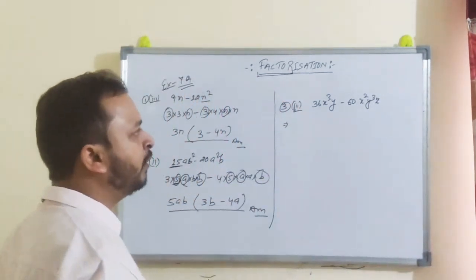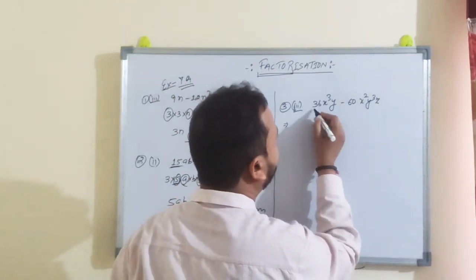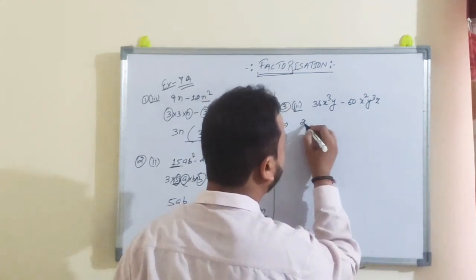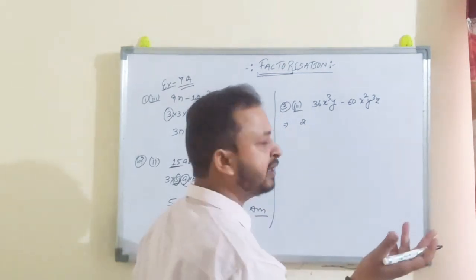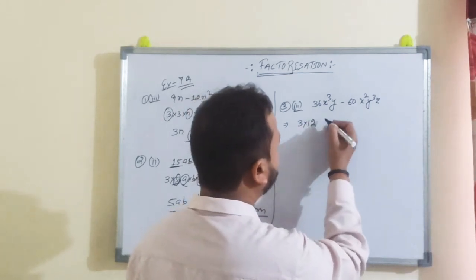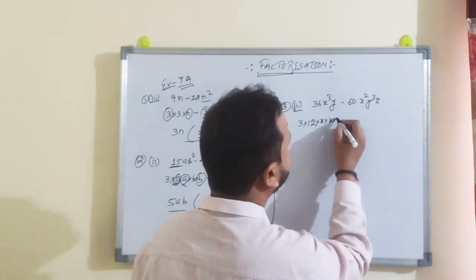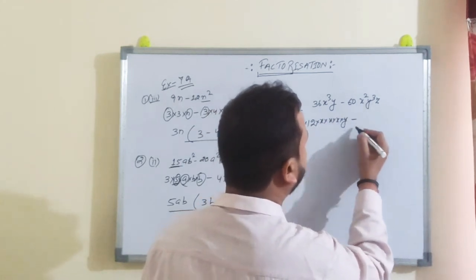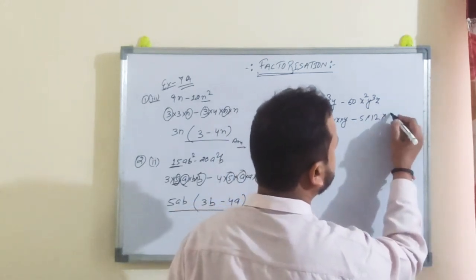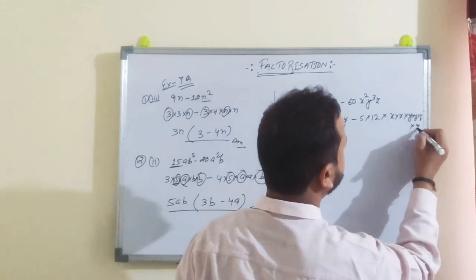So now we are going to factorize it. 36 you can write as 18 twos are 36, or 12 threes are 36, you can also write it as 3 into 12, and x cube, that is x into x into x, and y, right? Here 60, that is 5 into 12, and x square, that is x into x, y cube, that is y into y into y, and z, right?